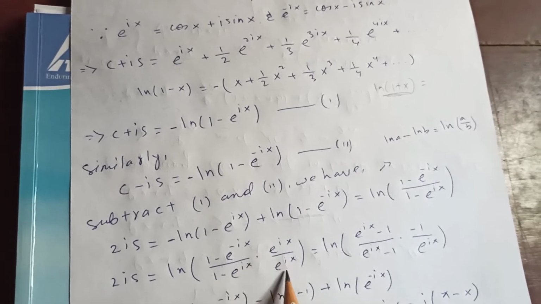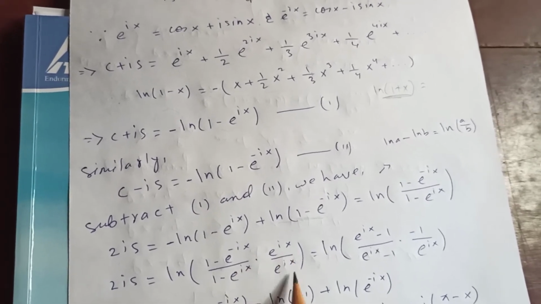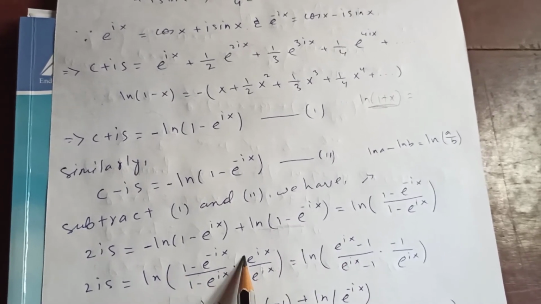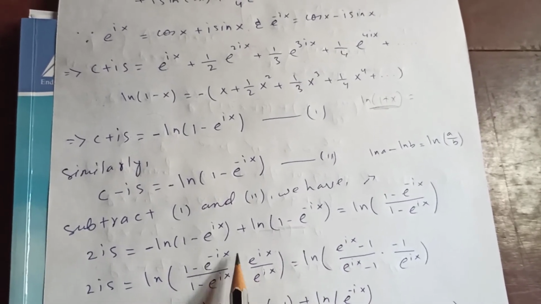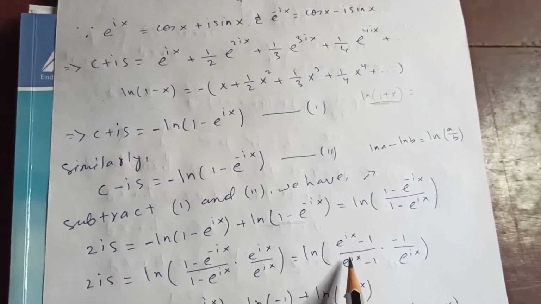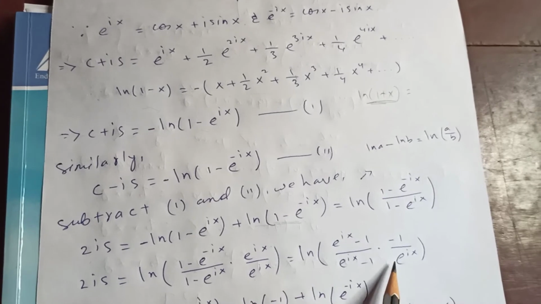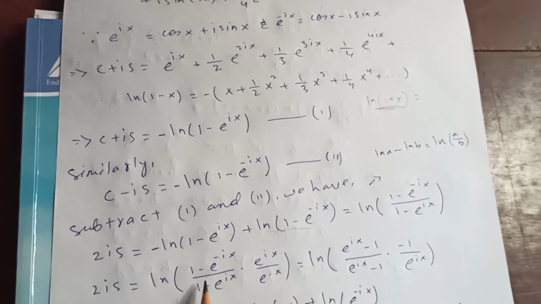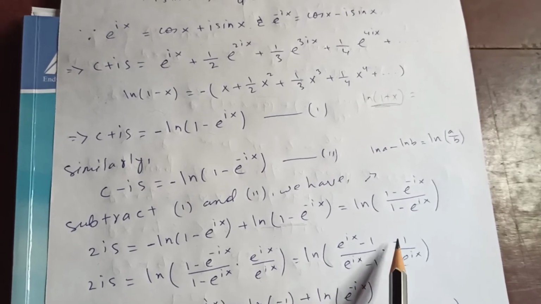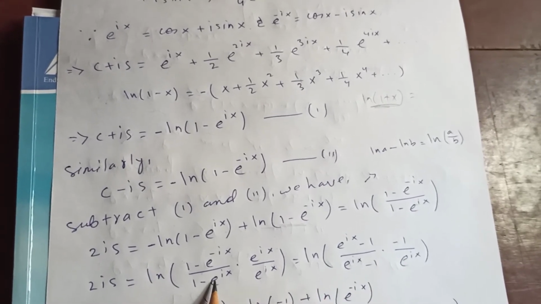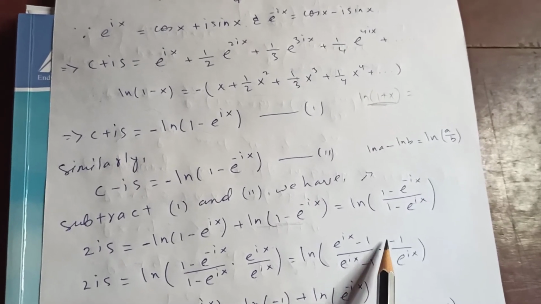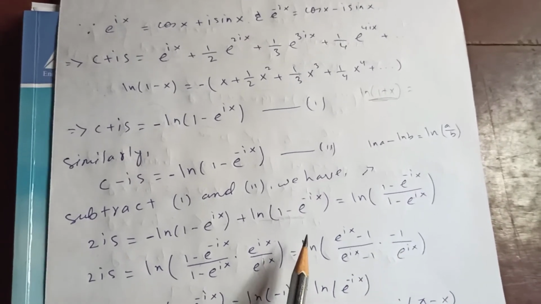Now multiply both numerator and denominator by e^(ix)? In the denominator we are not going to multiply. Instead we take the minus sign common, so this will be first and this second, giving minus 1 over e^(ix).